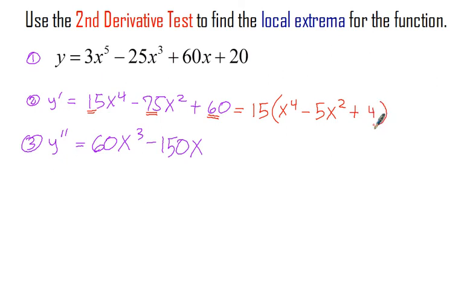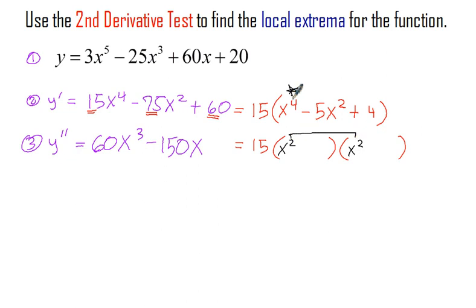And I still want to know where things are 0, so I'm going to try to continue factoring. This is kind of an unusual situation, a factoring skill that is not often used. But it looks as if we can break this down as follows. If you multiply x squared times x squared, you're going to get x to the 4th.